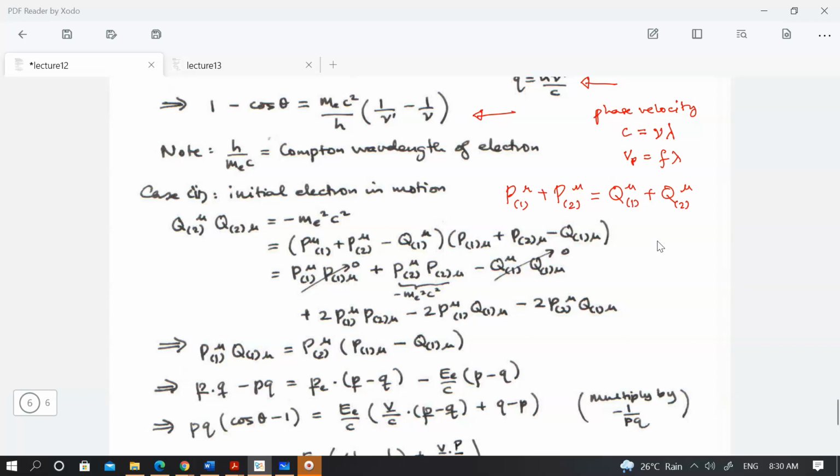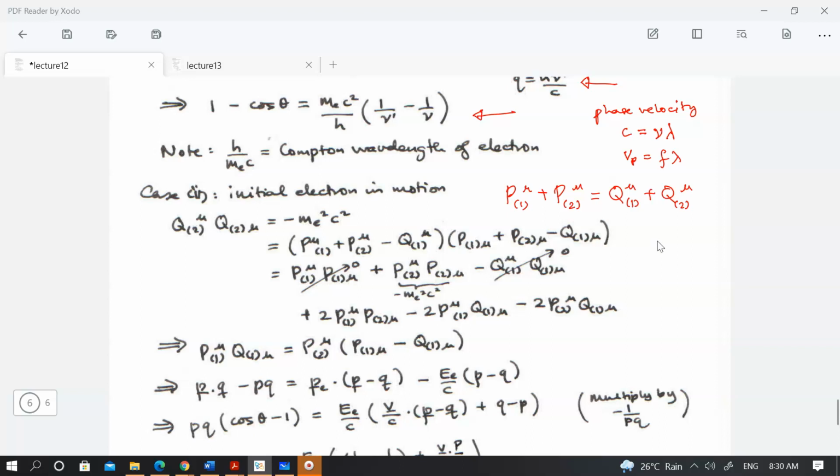And then you have P2 mu, which is the initial four-momenta of the electron. In this case you're not assuming that it is at rest, but that it is moving.